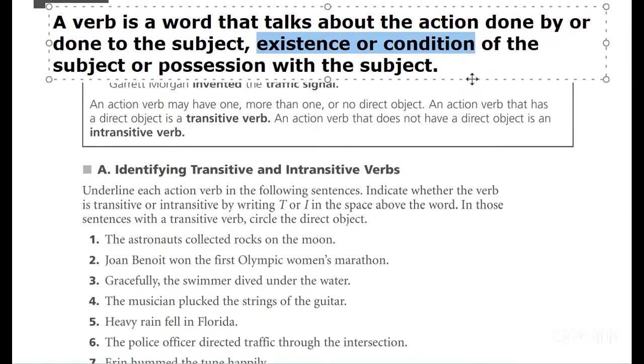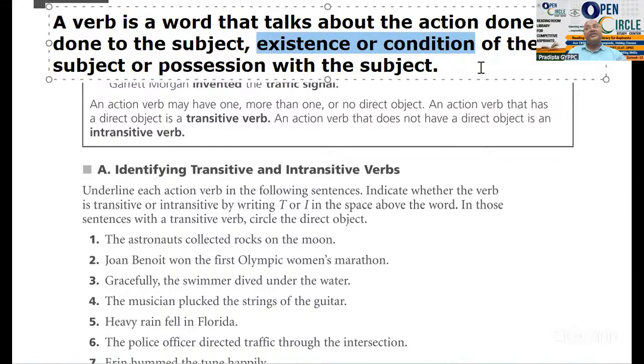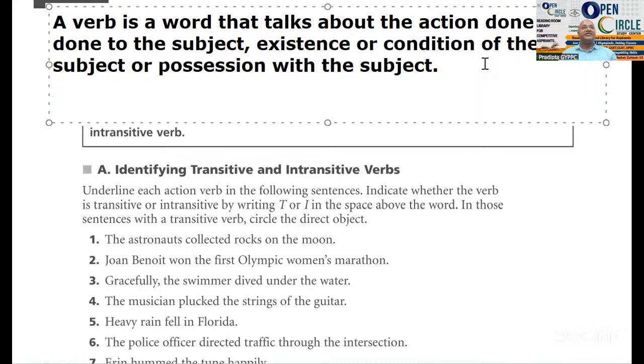Okay. So in this way, now in the previous sessions, we discussed what is a transitive verb and what is an intransitive verb. Tell me, what is a transitive verb? It is an action word or a verb that has a direct object to it.